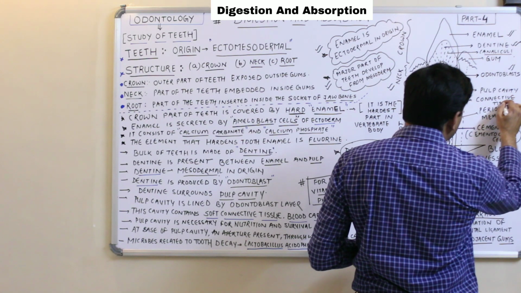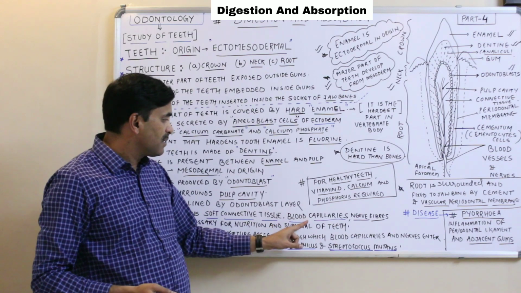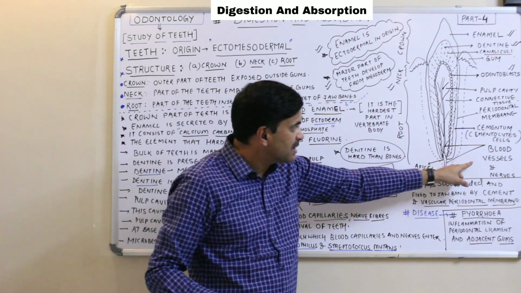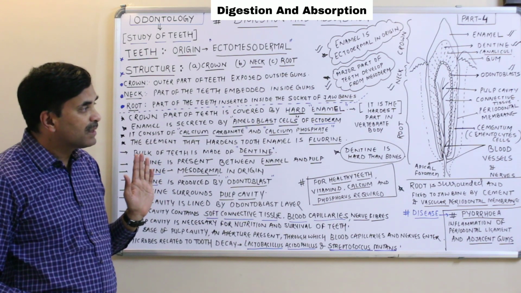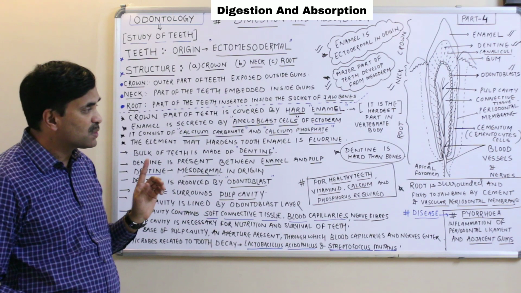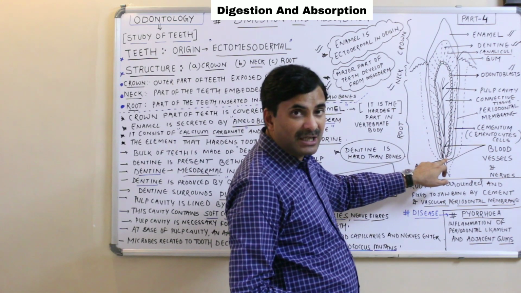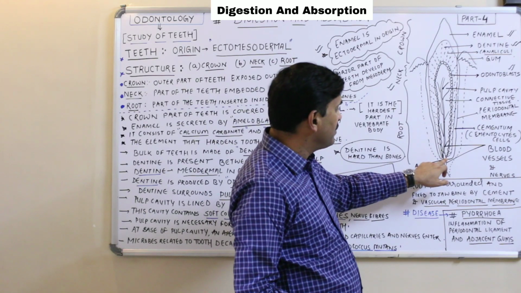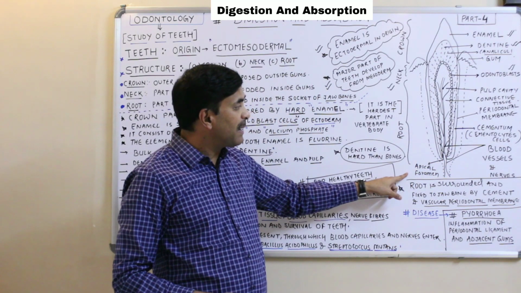Not only connective tissue, it consists of certain blood capillaries, and it consists of nerve fibers also. And remember one thing, that at the base of the pulp cavity, an aperture or foramen is present, known as the apical foramen.